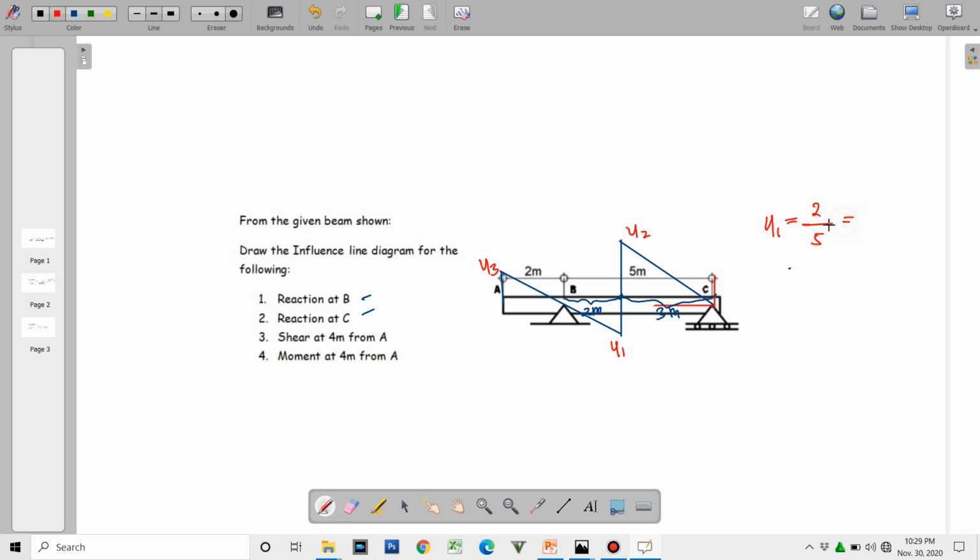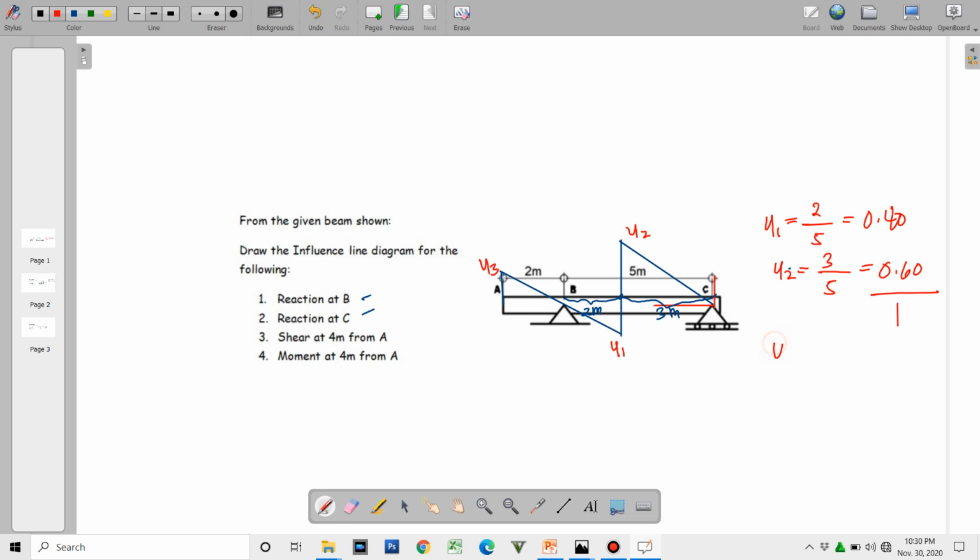So therefore y1 is 2 all over 5, which is equal to 0.4, and then y2 is equal to 3 all over 5, which is 0.6. Again, the sum will be equal to 1.